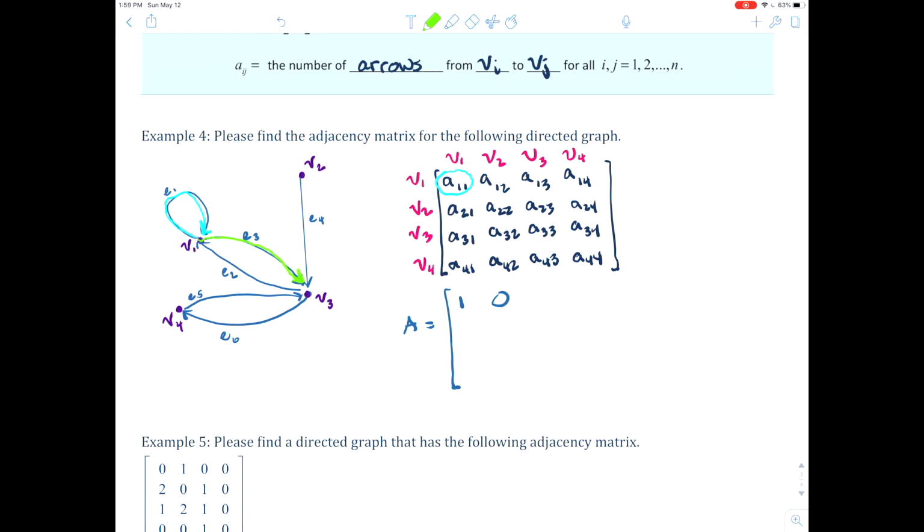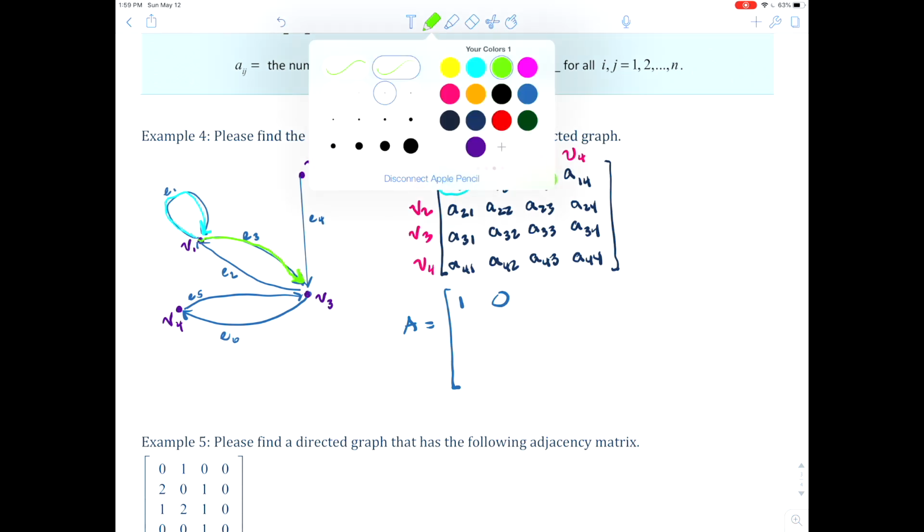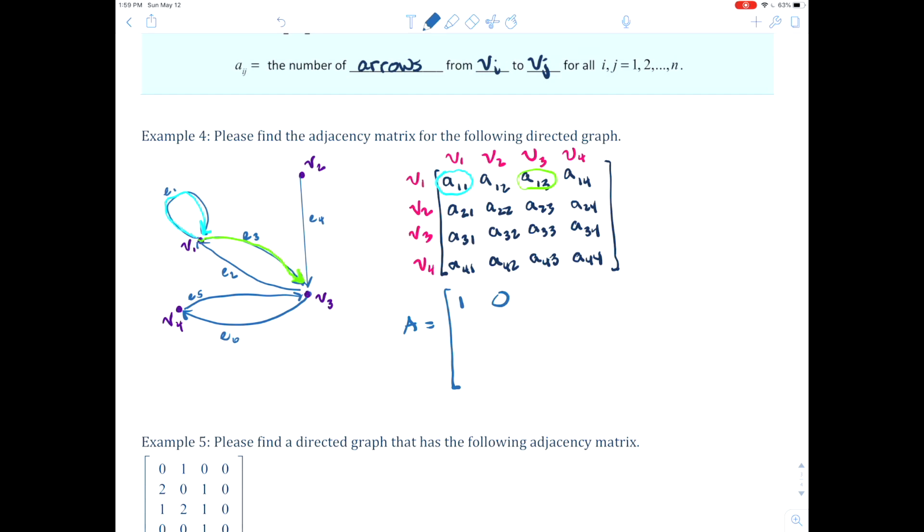And so we would put a 1. You just count the number of arrows going from that specific vertex to the other. So continuing, we have one of those. I'm going to go a little bit faster, and you can pause the video and check your work and see how you do.